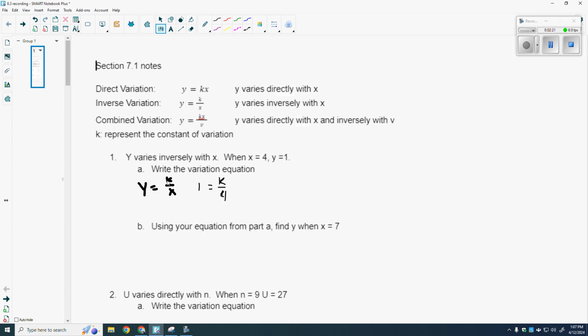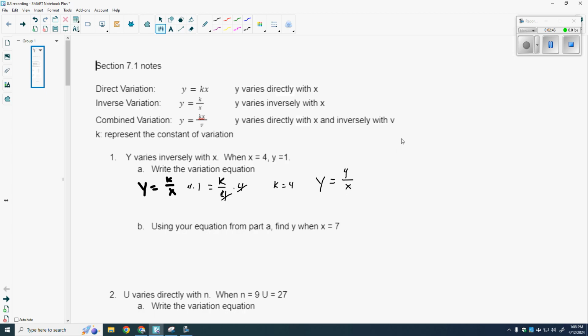K is my constant, how they relate. So I multiply both sides by 4 to get k by itself. And k equals 4, because on the right-hand side, my 4's cancel. On the left-hand side, 1 times 4 is 4. So my final equation, y equals 4 divided by x.